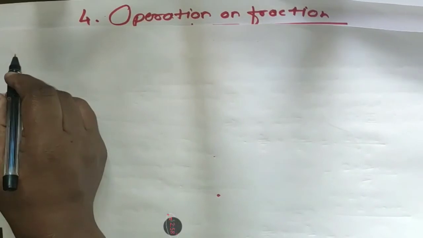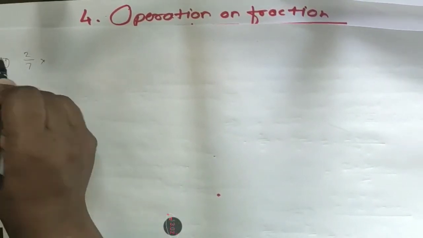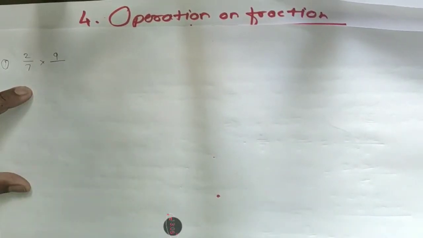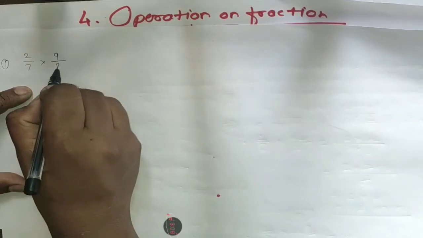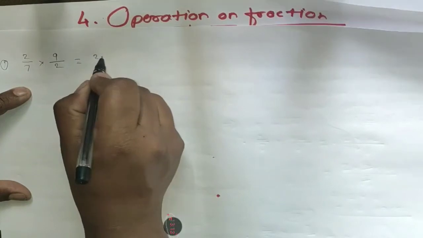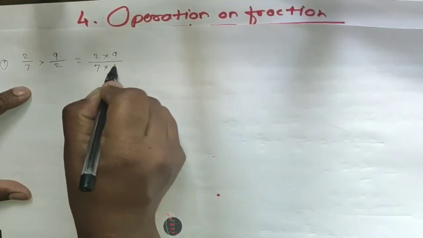So here, the first example: 2 by 7 into 9 upon 2. As I told you, numerators' multiplication, so 2 into 9, upon denominators' multiplication, 7 into 2.